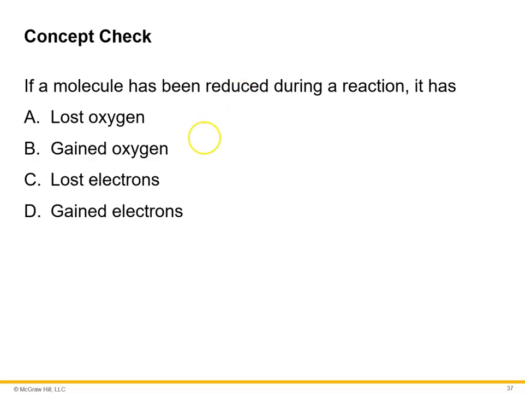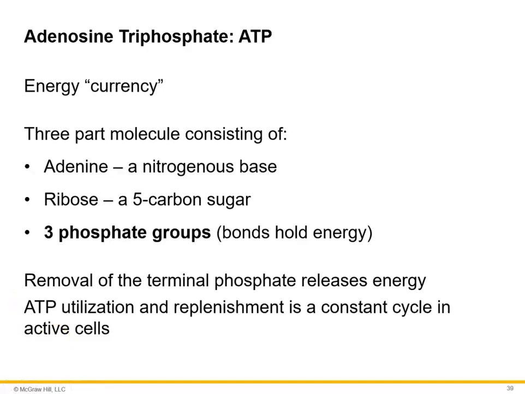Therefore, it had to have gained an electron. So the answer here is D. Remember, the reduced agent is always going to be the agent that gained electrons. Oxidized agent loses electrons.